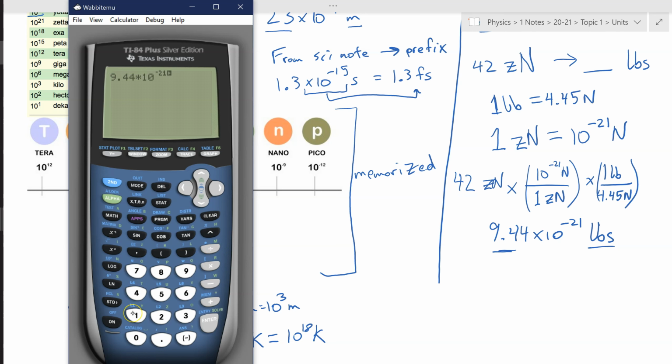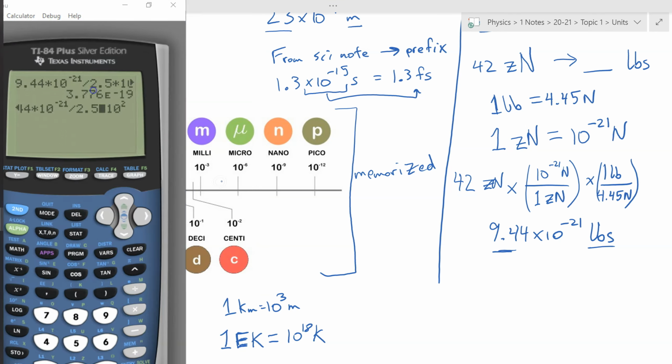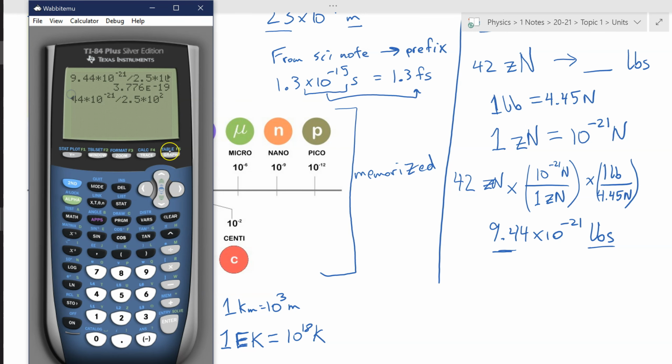So don't build it manually, because when you go, like if I divide now, and let's say I want to divide by another number in scientific notation, if I put times right here and 10 and raise it to a power to the 2, that is not what you think it is, because the calculator does not group this very intelligently. Like you probably meant to divide by this whole thing on the bottom down here, but that's not what you did. You divided by 2.5 and then the calculator gets an answer and then it multiplies that answer by 10 to the 2, which is really not what you meant to do.